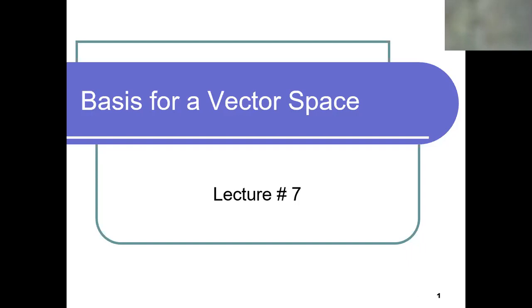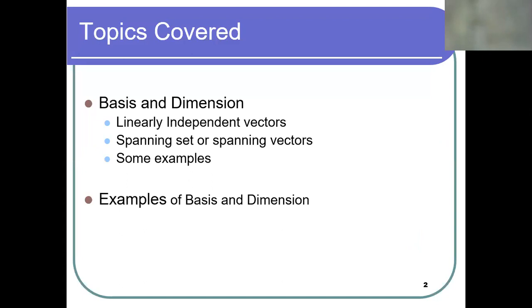So the concept of basis is mainly related to the minimization of vectors in any subspace of a vector space V. So today our topic of discussion is bases and dimensions.